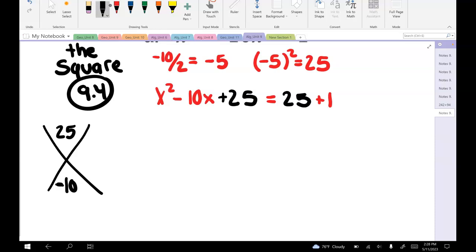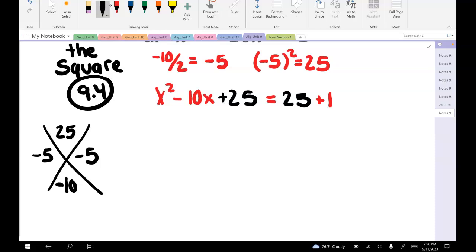One pattern you may have picked up on: if the bottom number is negative, your two numbers on the side will always be negative. If it is positive, your two numbers will always be positive. So to multiply to 25, we can take negative 5 and negative 5. That also adds to negative 10. So put negative 5 here, negative 5 here, and we can write this as a product of factors squared.